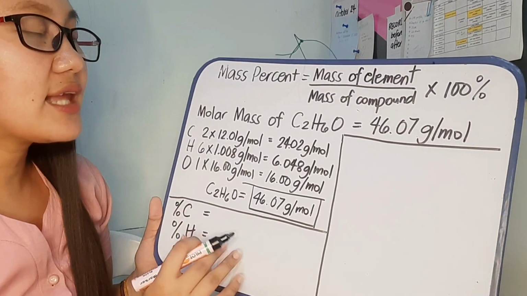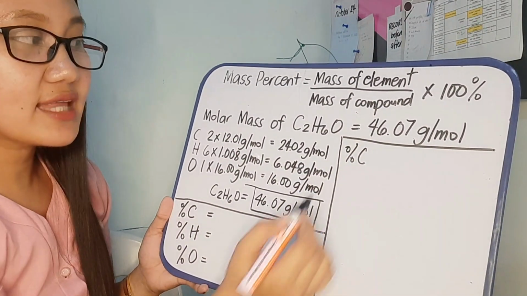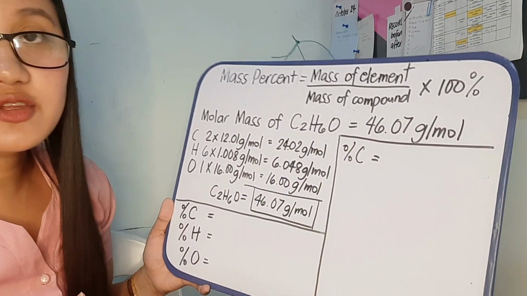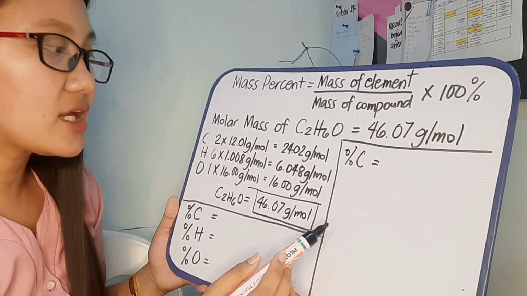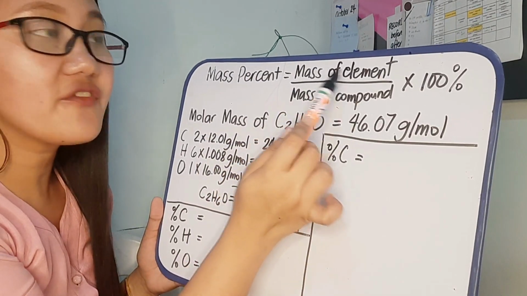So, una, kailangan nating malaman muna kung ano ba ang mass percent ng carbon dito sa ating compound na ethanol. Gagamitin pa rin natin yung formula na yan. Paano ba natin kukuhanin yan? Sabi dito, kailangan daw natin kuhanin yung mass of element.